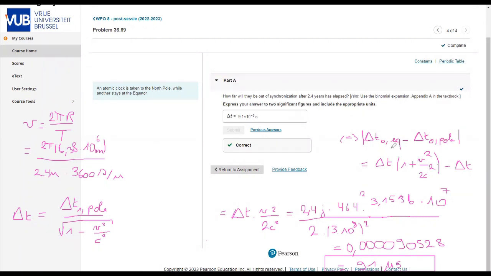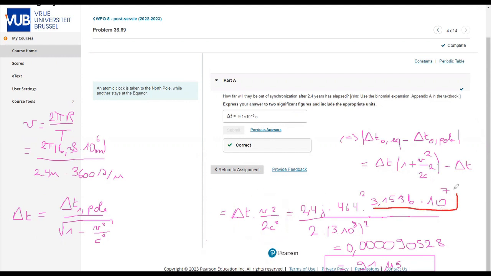From this part I put to T this part. Basically you will have this one, and you will have this one. Then you will have a final formula.